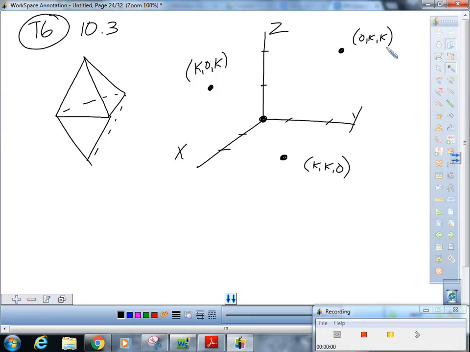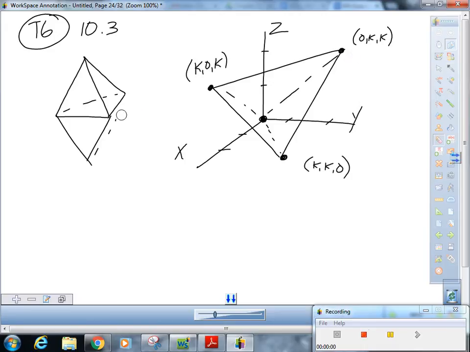And let's see, if we connected these, this would be what would be in the way, and then these would be dotted. So this probably gives you a better way to envision what you're looking at. It's just a regular triangular pyramid. Okay, so we sketched the graph.